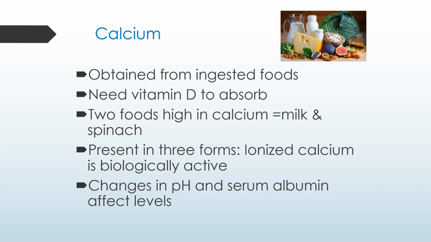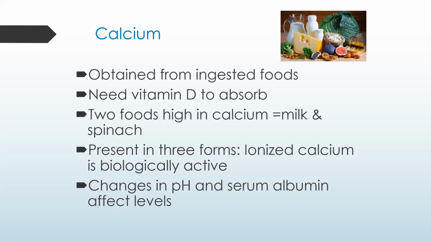Total serum calcium levels reflect the total calcium level, all three forms, although ionized calcium levels may be analyzed and reported separately. Changes in serum pH will alter the level of ionized calcium without altering the total calcium level. A decreased plasma pH, or acidosis, decreases calcium binding to the albumin, leading to more ionized calcium.